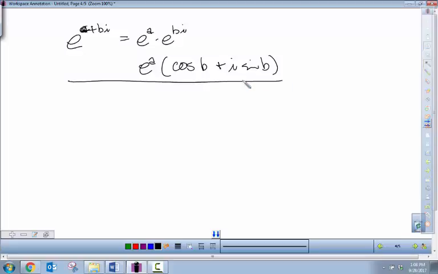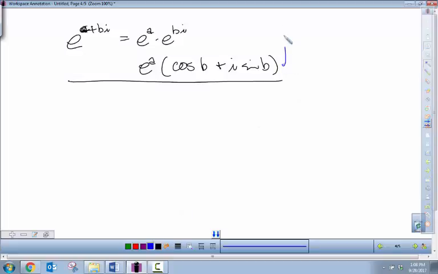The whole idea behind this is that this formula will allow us to re-represent our solutions when we have imaginary numbers.